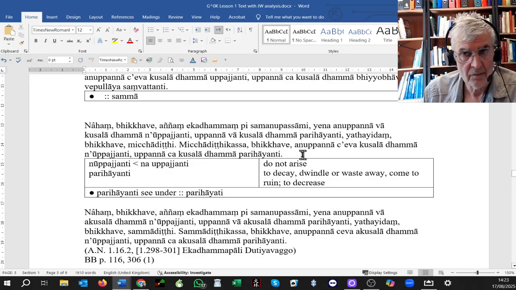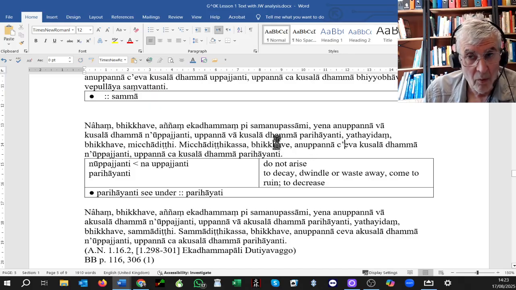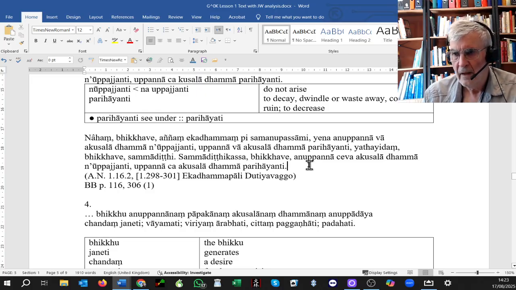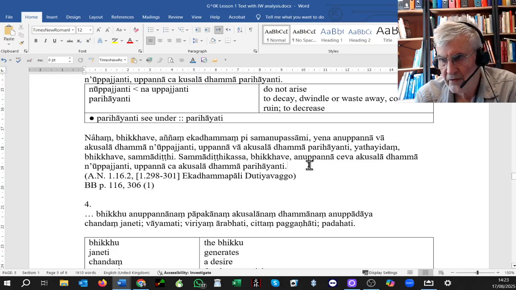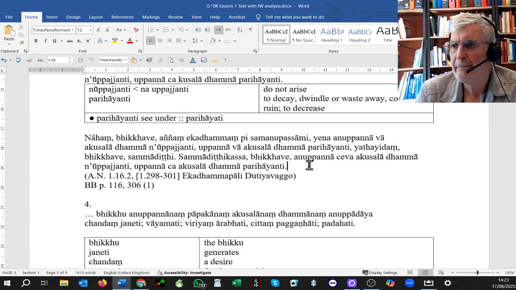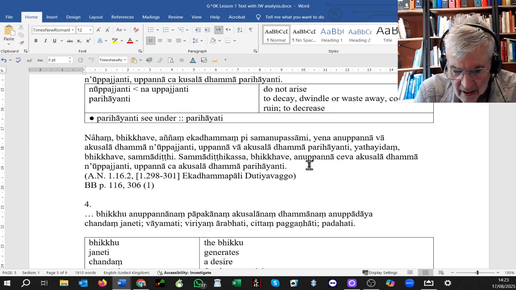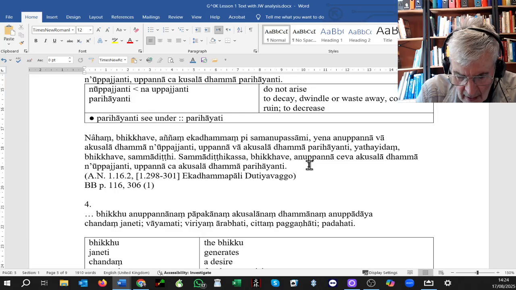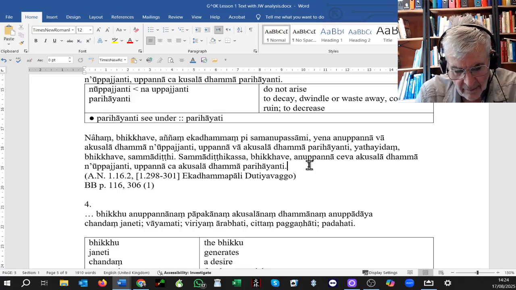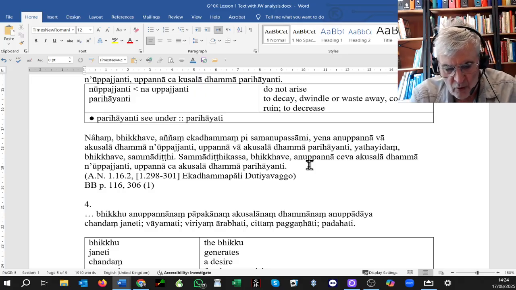And again, this you shouldn't need any further explanation. All of these words and phrases we have had. And finally, in this reading 3, the last paragraph. Naham bhikkhave anyam ekadhammampi samanupassami yena anupannava akusala dhamma nuppajjanti, uppannava akusala dhamma parihayanti yathayedam bhikkhave sammaditthi.